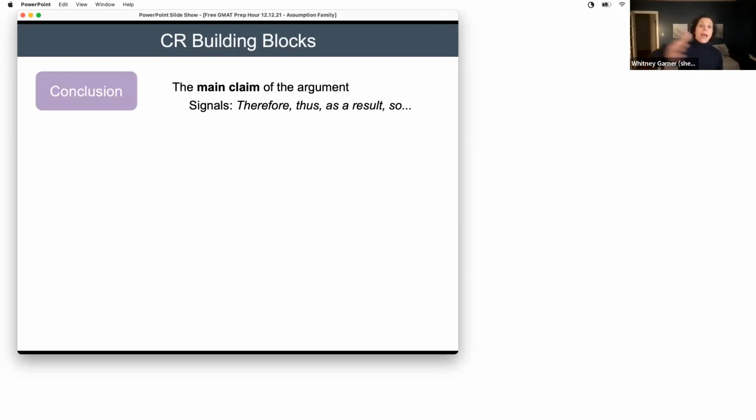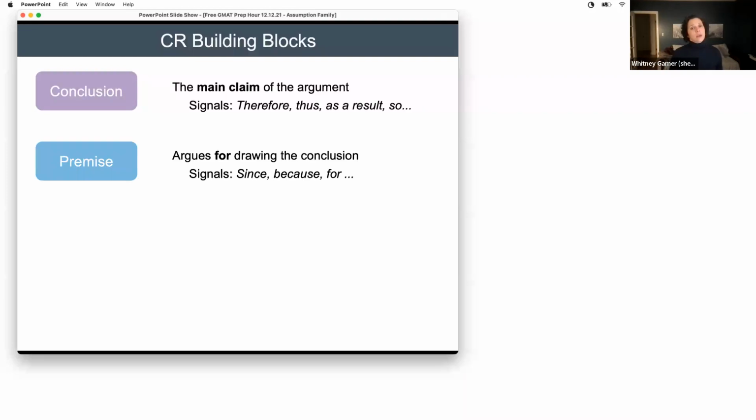Now, on the way to trying to sell us something, the author will most likely give us information that he or she believes supports that conclusion. In this case, this would be language like because or since or for this reason, anything that makes the argument seem more likely. This is where we'll put those in the realm of premise.